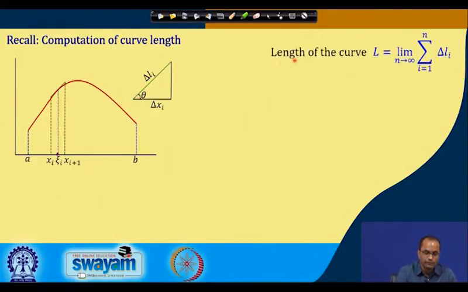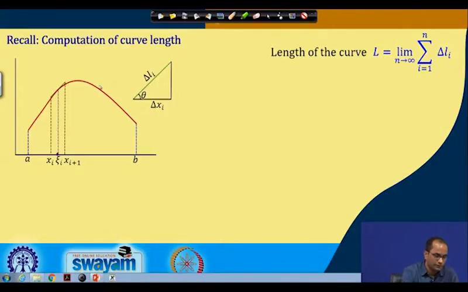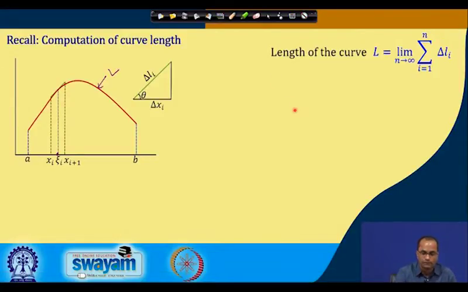Now, the length of this curve L will be given when we sum all these parts of the tangents and then take the limit.